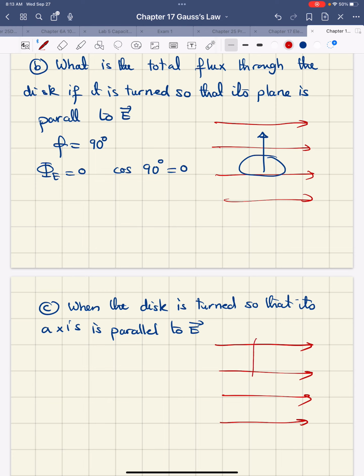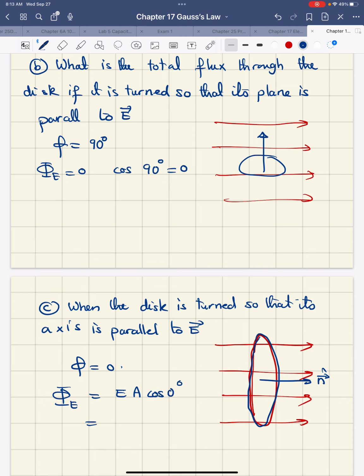The disk is going to be something like this here, and then the area vector for it, or its normal, is going to be in the same direction. And here phi is going to be 0, and then this is going to be EA times cosine 0, which is 1.